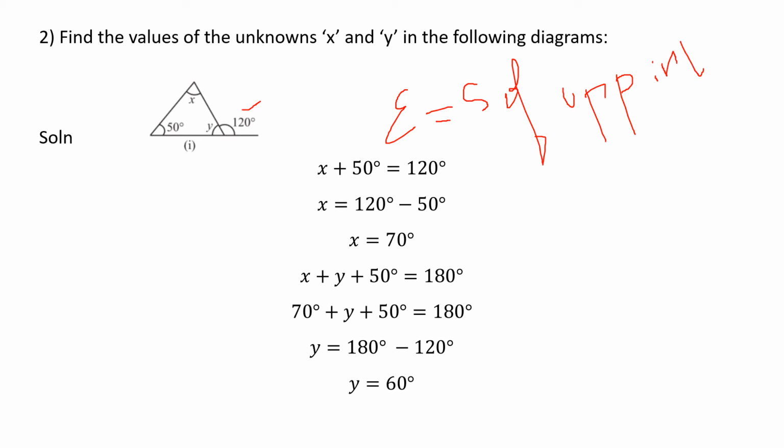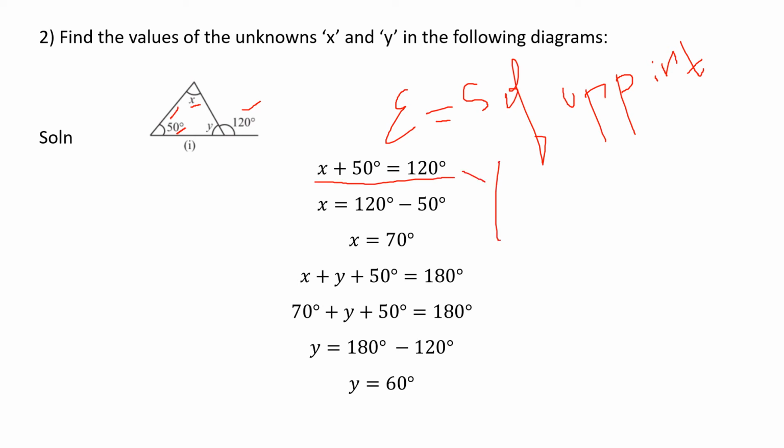Here 120 is an exterior angle. So what are the opposite interior angles? 50 degree and x. So 50 degree plus x is equal to 120 degree.